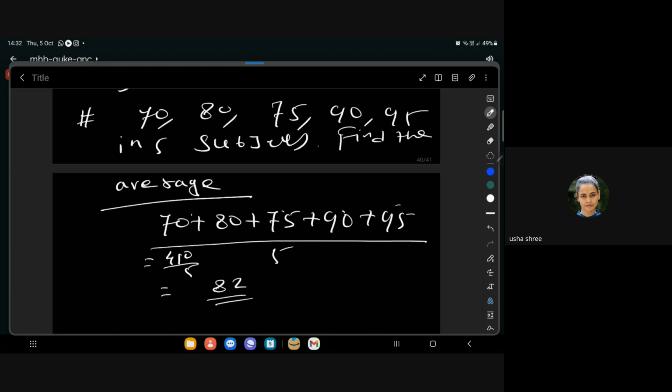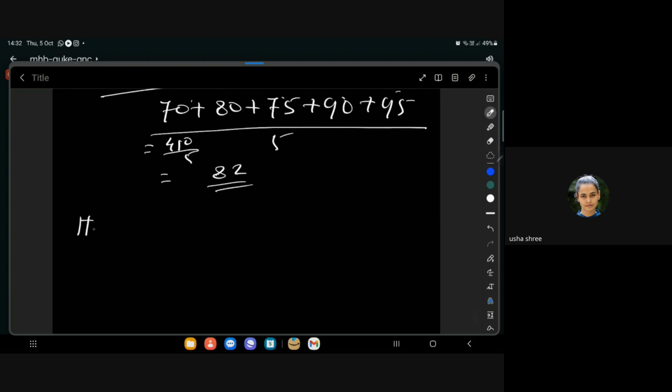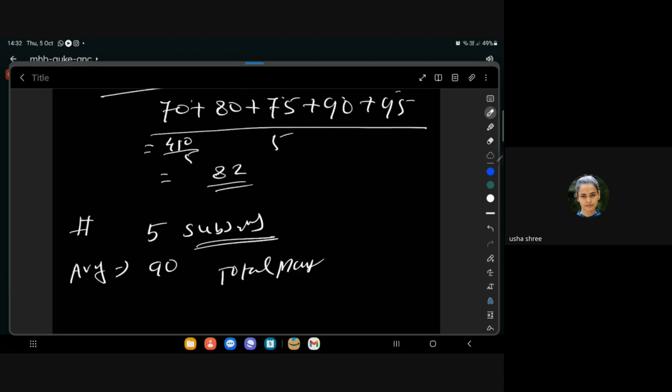Okay. So these are the basics of average, so directly we are going to solve a question. It was also asked in NET, and average is also called mean or central value. Suppose they asked you that you have 5 subjects and you have scored 90 on average, so what is the total number of marks?